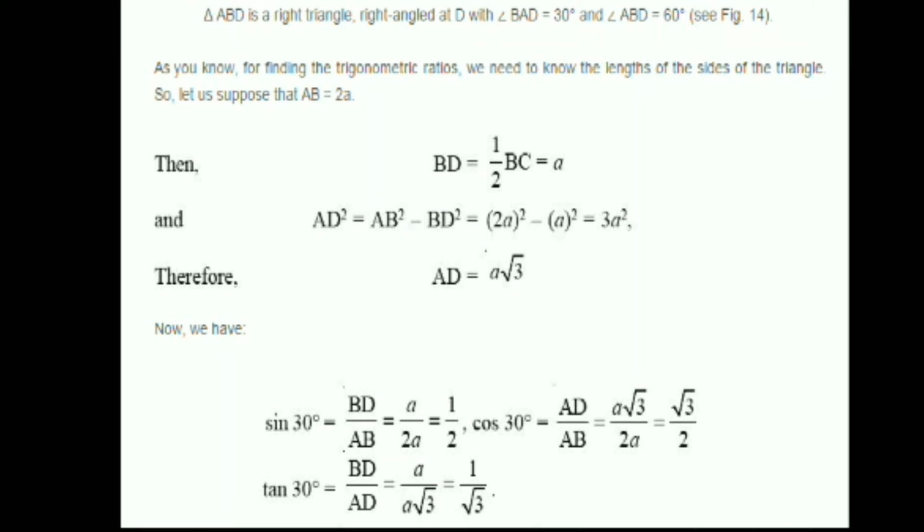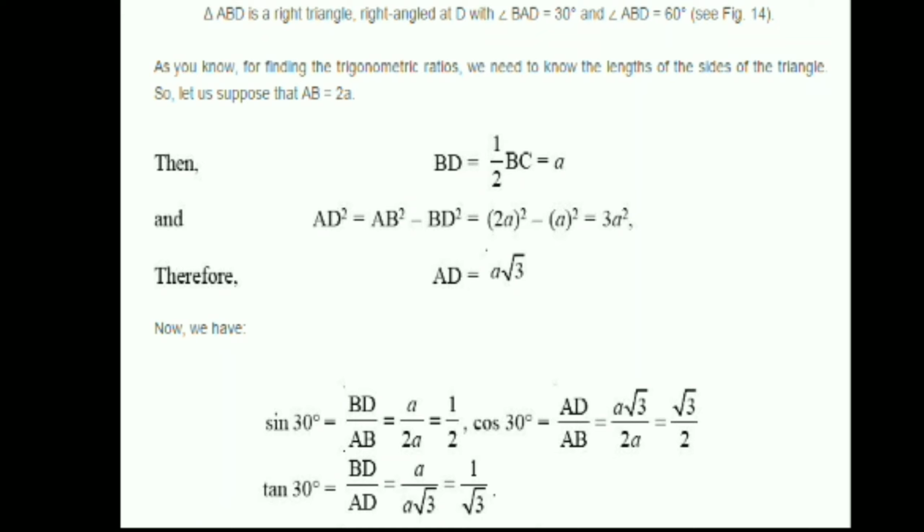Now sin 30 is equal to BD upon AB, that is A upon 2A, which is 1 upon 2. Same thing, we find the value of cos 30. Cos 30 means base upon hypotenuse, so base is AD, that is A under root 3, upon 2A. A cancels, that's why it is under root 3 upon 2. Now the same thing, the value of tan 30 is BD upon AD, perpendicular upon base, A upon A under root 3, that's why it is 1 upon root 3.